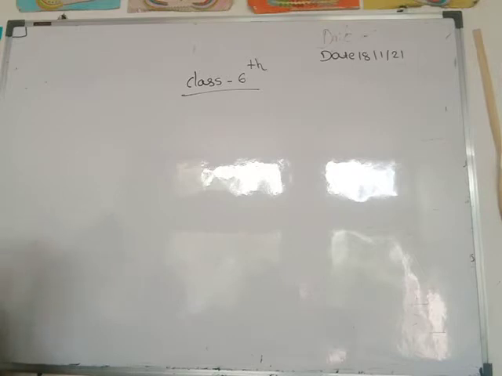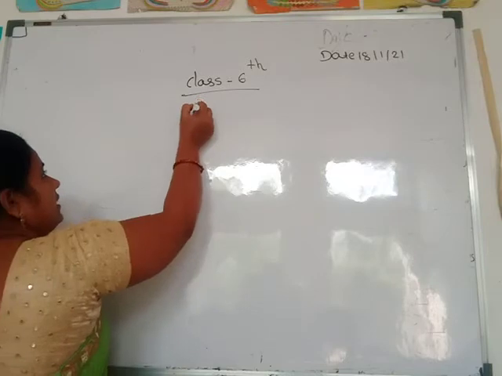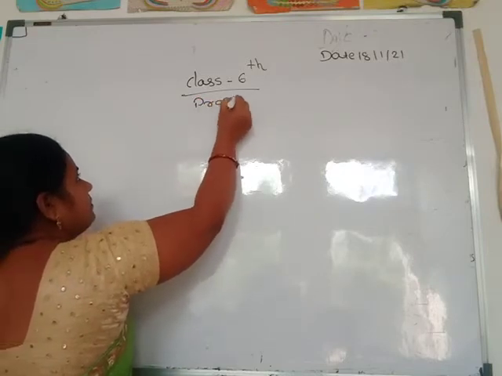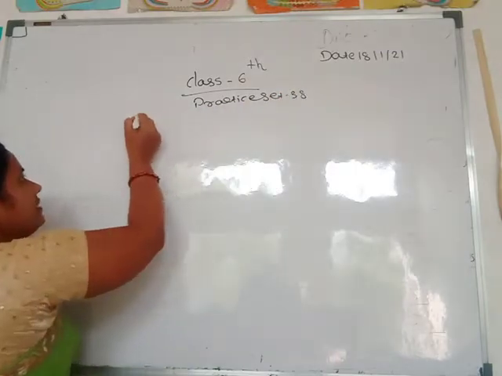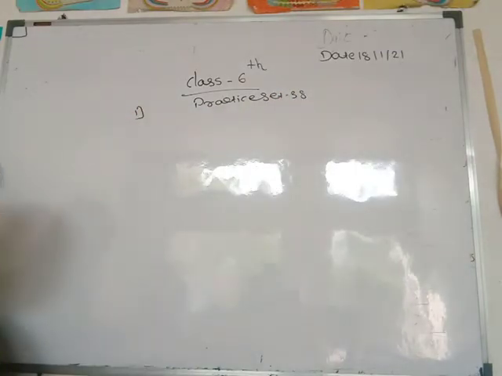In your quadrilateral chapter we completed practice set 37, and in practice set 38 we have studied two examples. In this first question we studied these two examples.